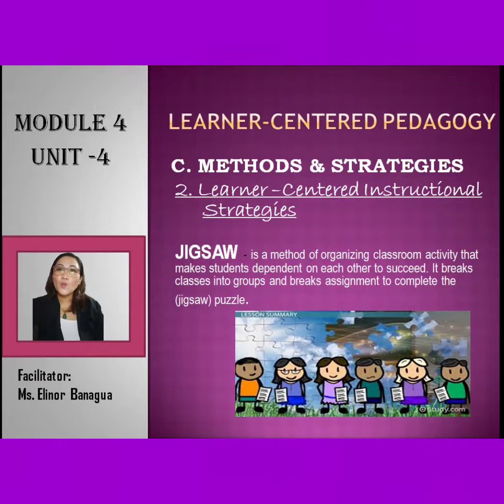For example, one group studies habitats of rainforest animals. Another group studies predators of rainforest animals. Students meet members from other groups who are assigned the same aspect, and after mastering the material, return to the home group and teach the material to their group members.